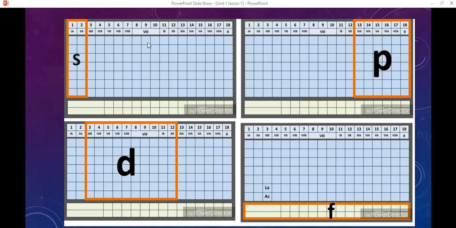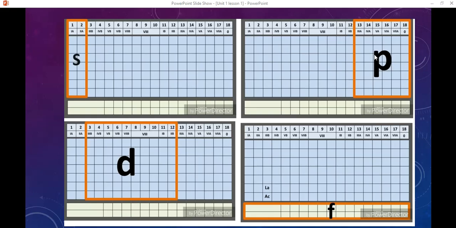How can we calculate the difference between S and P? Between S and P, we have, very good, the D block. The D block contains 10 elements. So we have 1, 2, and complete with the D block 3, 4, 5, 6, 7, 8, up to 12. Then we start with the P block.